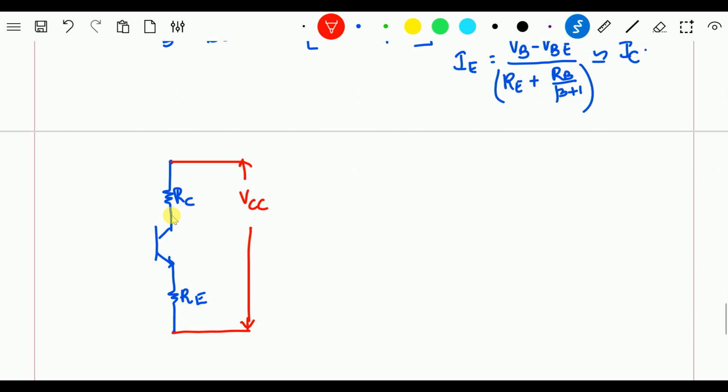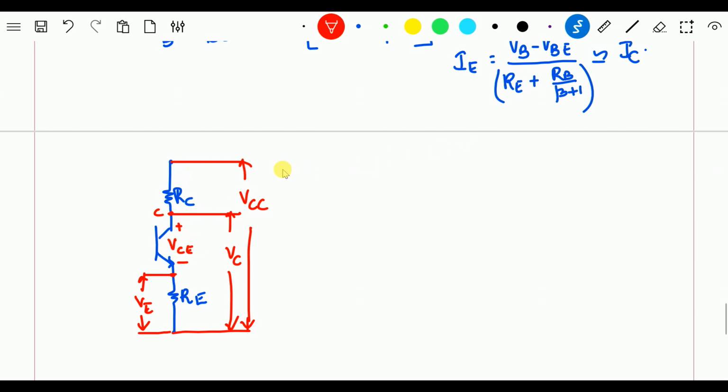From here, which is your collector terminal, to here is your VC, and from here to here is VE, and between these is your VCE.